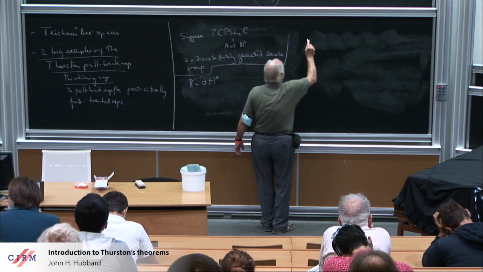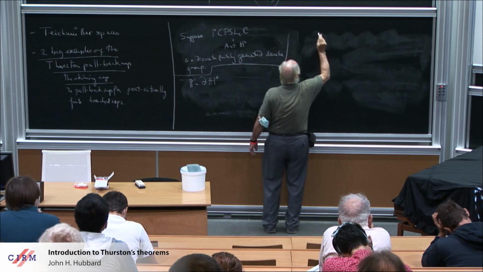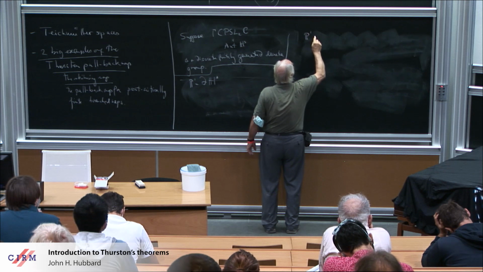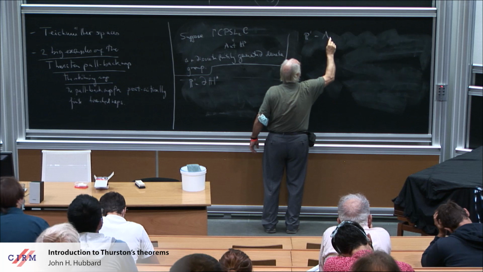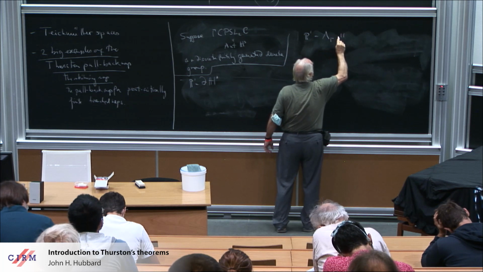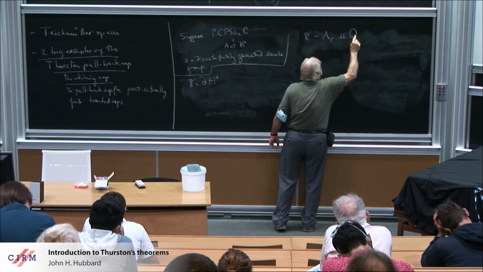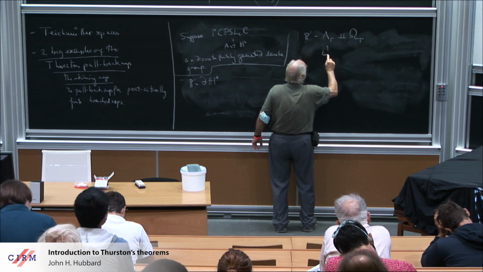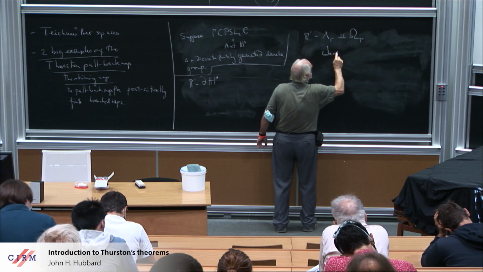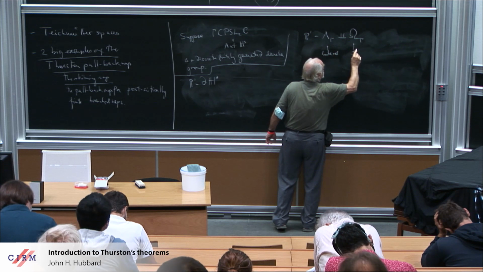Then Ahlfors proved, P1 is equal to the limit set of gamma disjoint union the regular set of gamma. Limit set, regular set.